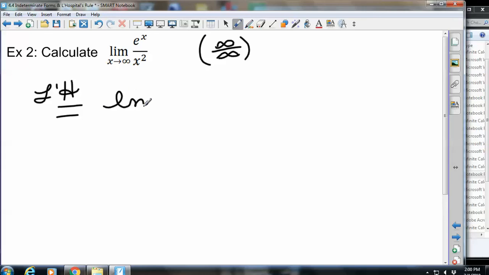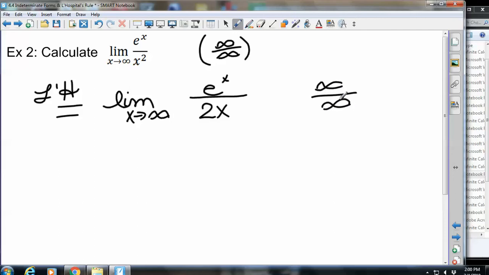So derivative of the top over derivative of the bottom. Derivative of e to the x is e to the x. Derivative of x squared. Okay. Now if I plugged in, e to the infinity is infinity. 2 times infinity is infinity.